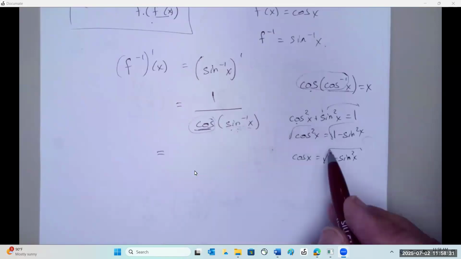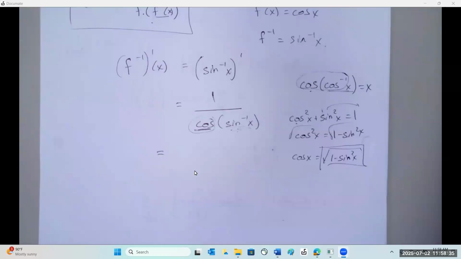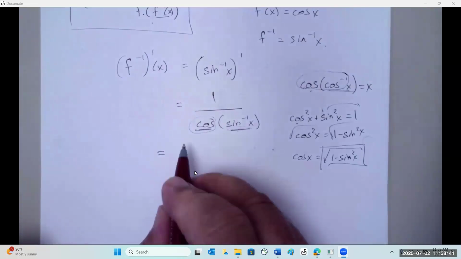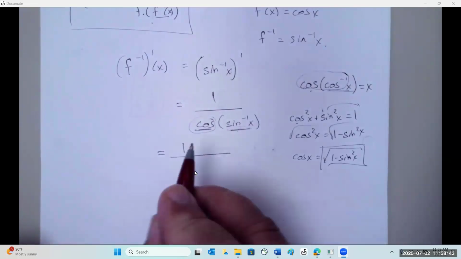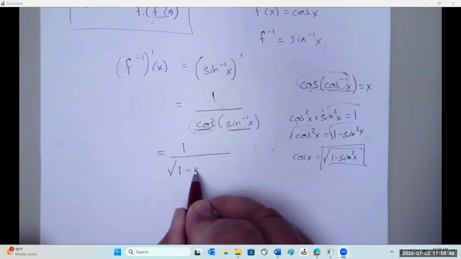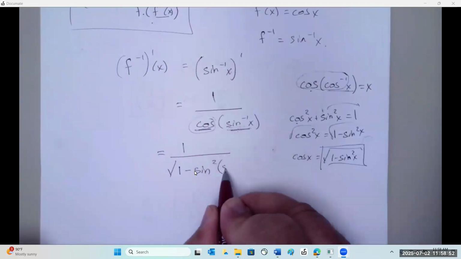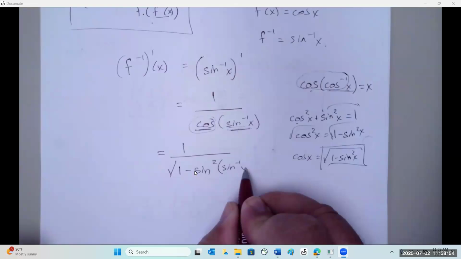So in place of cosine, I could put this whole expression. In place of x, this is my x value. So I have 1 over the square root of 1 minus sine squared of sine inverse of x.